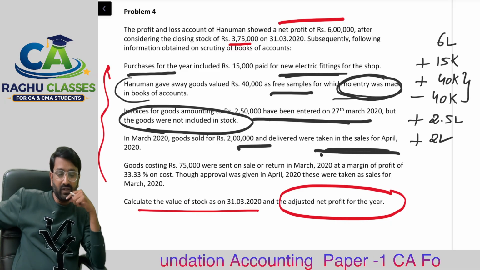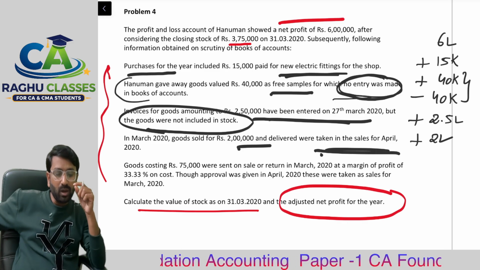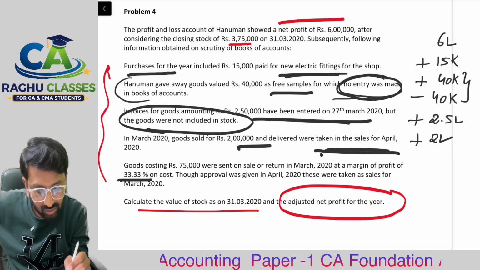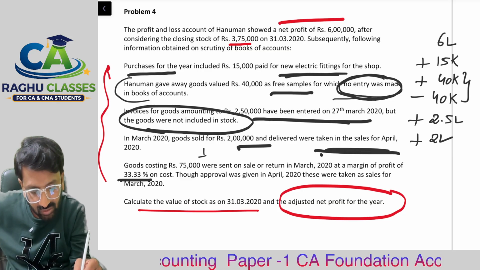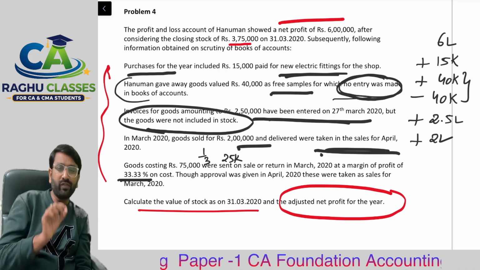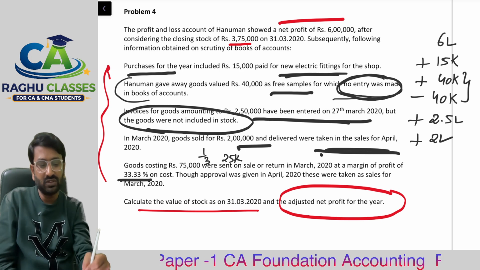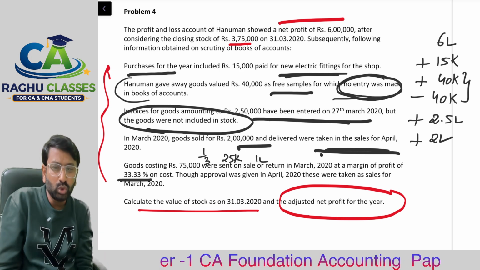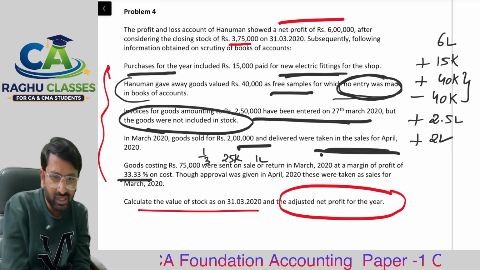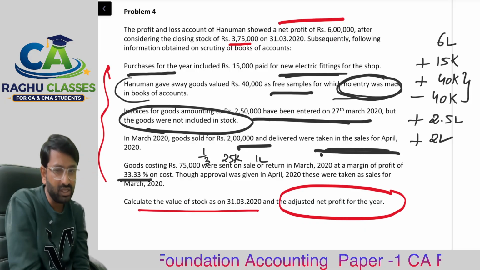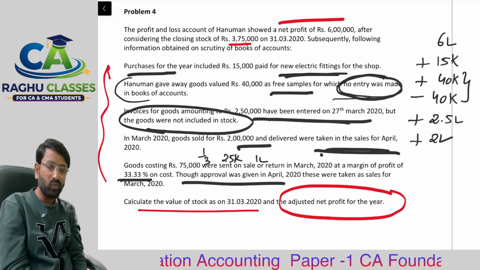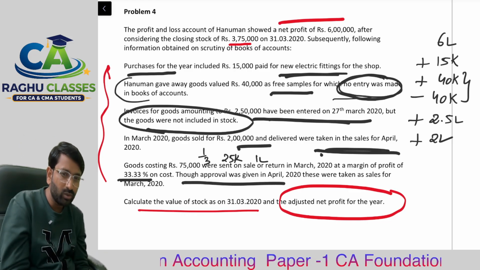Next one. Goods costing 75,000 is sold on approval basis. And what is the profit margin? 1/3 on cost. So 75,000 into 1 by 3, 25,000 margin. So for 25,000 profit, we have sold this item, which means selling price will be 1 lakh. Though the approval is given in April, these were taken as sales for March only. So if the approval is given in April, sales also I should recognize in April only.